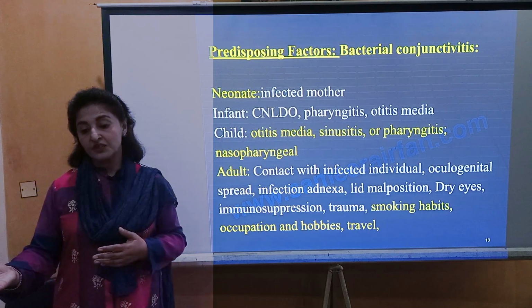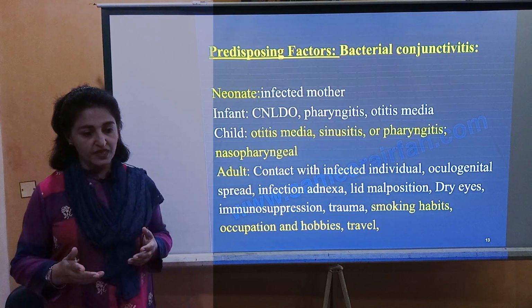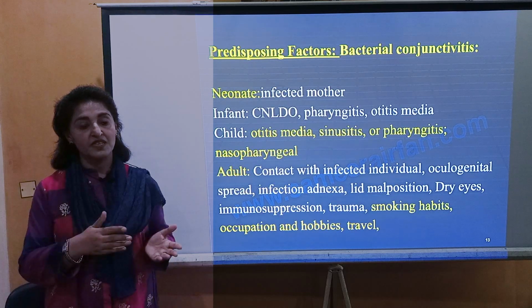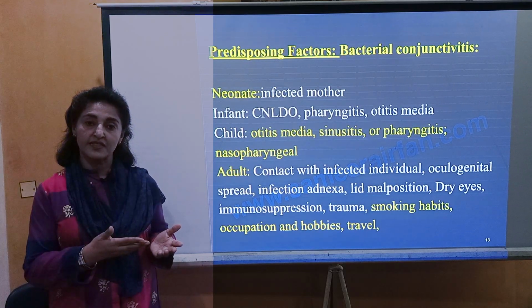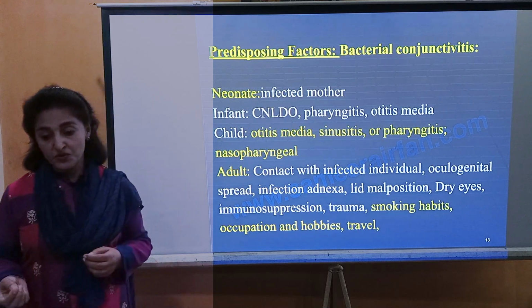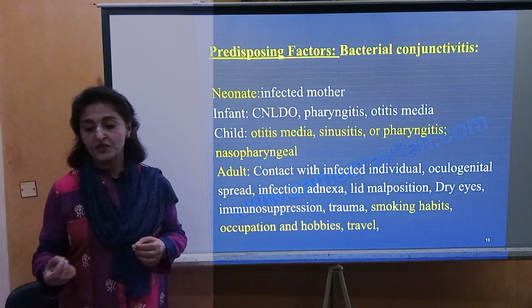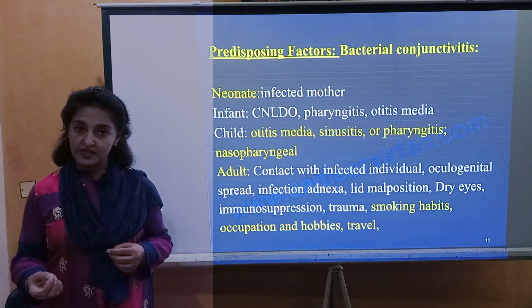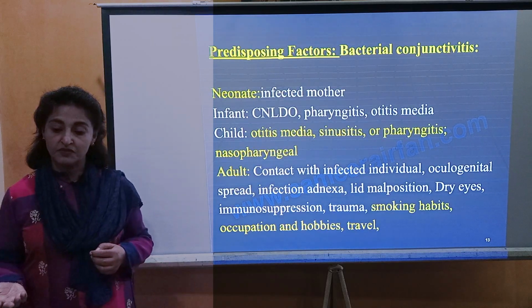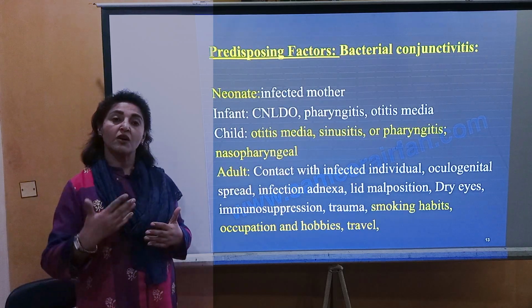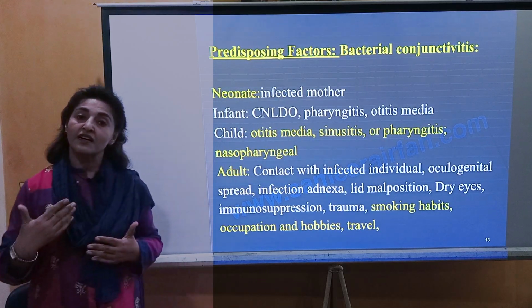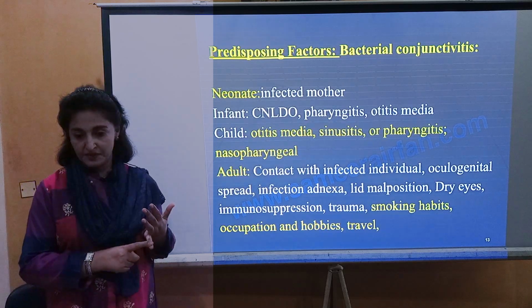For bacterial conjunctivitis, it's important to find out where is that bacterial load coming from and why it is infecting that eye. So in a neonate, usually the onset of neonatal bacterial conjunctivitis is from the birth canal of the mother, which is usually infected. And the timing or the onset of conjunctivitis tells us where the problem is.